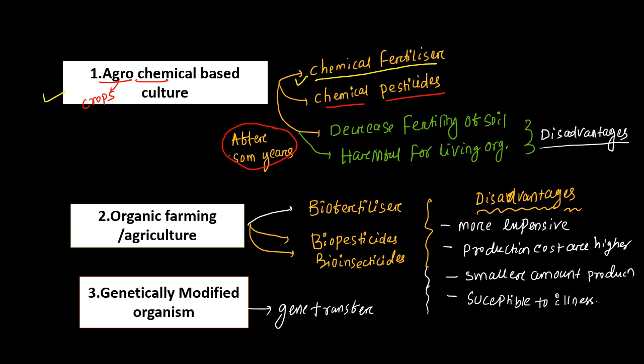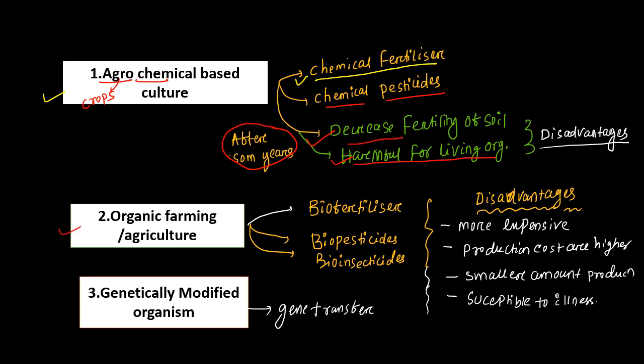After some years it shows different disadvantages like decreasing the fertility of soil, and being harmful for living organisms, their cells and body tissue. So we want to go further to organic farming.